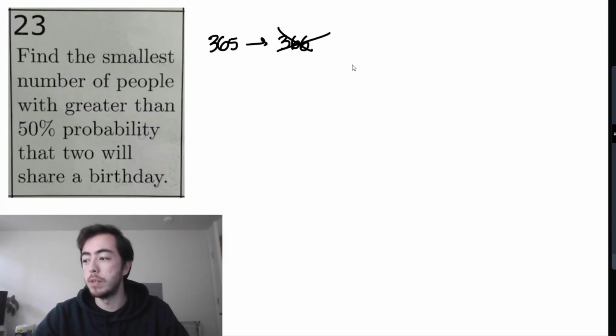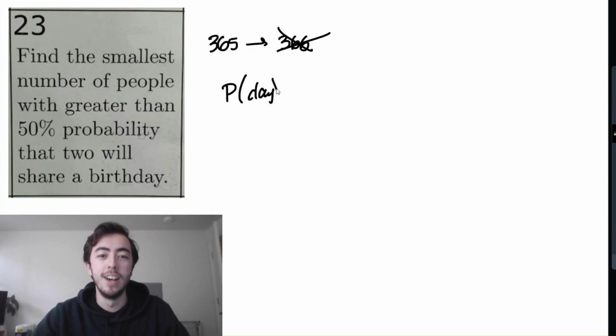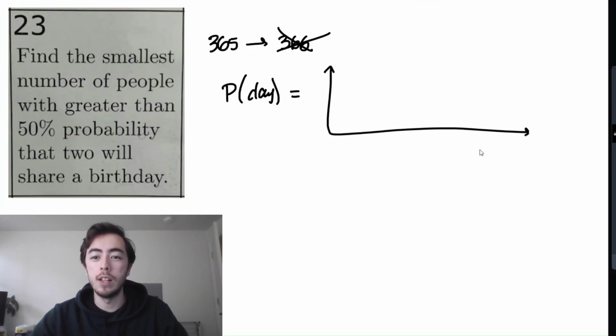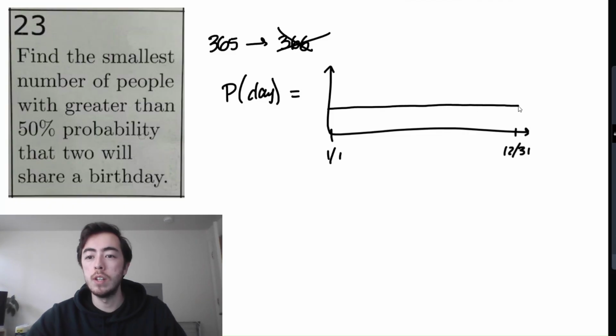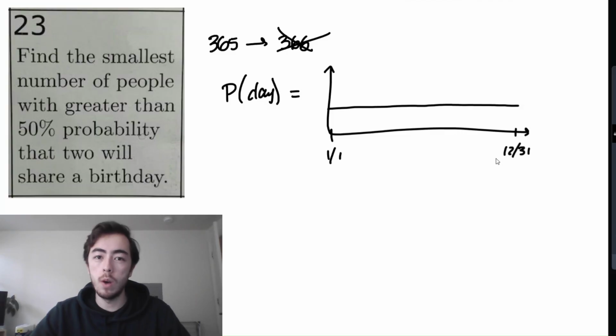The next assumption I'm going to make is that the probability distribution, so the probability that we land on a given day, is uniform. If we look at the whole calendar, here is January 1st, here is December 31st. We have a uniform probability distribution of what days birthdays fall on. And we know that's not true just because people have studied it.